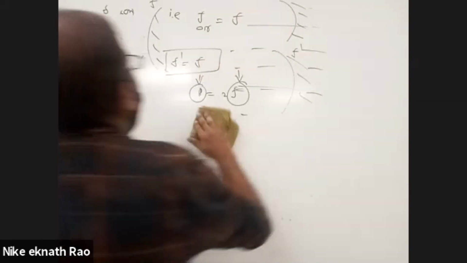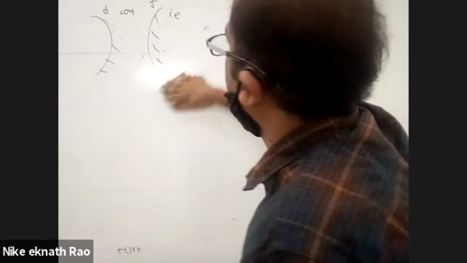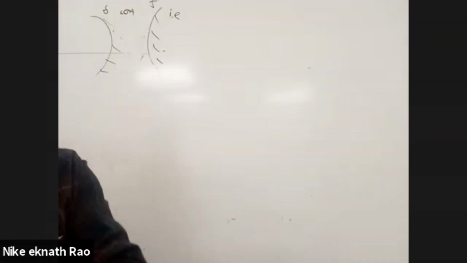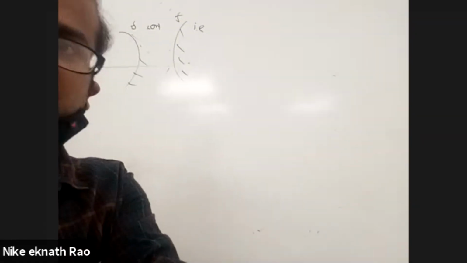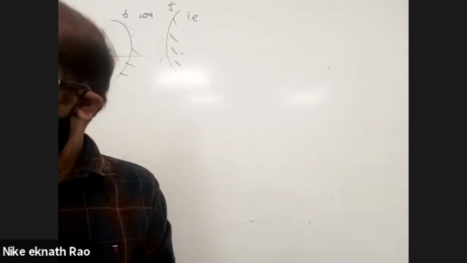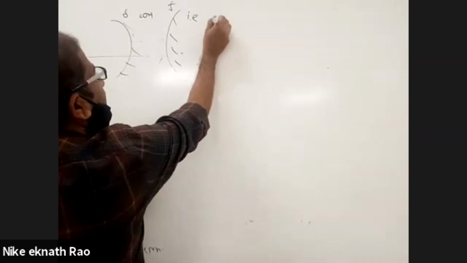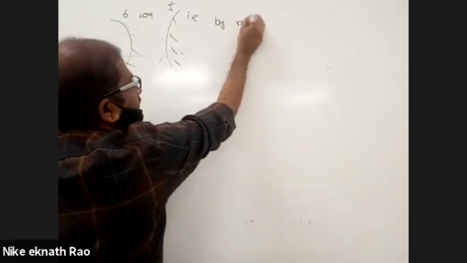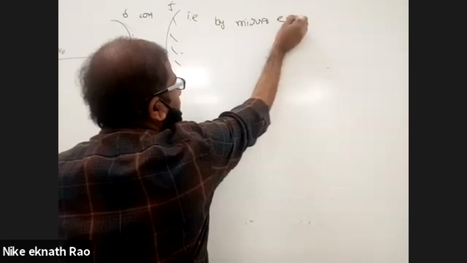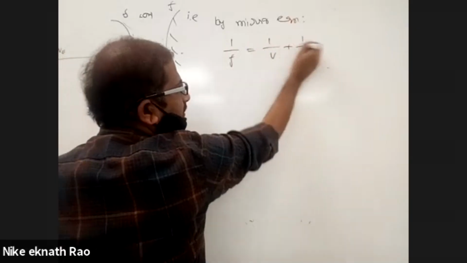How to find? See here, as the object is approaching the mirror, object distance is changing. Focal length is constant. So image distance will also change to keep focal length constant. By mirror equation, 1 by f is equal to 1 by v plus 1 by u.